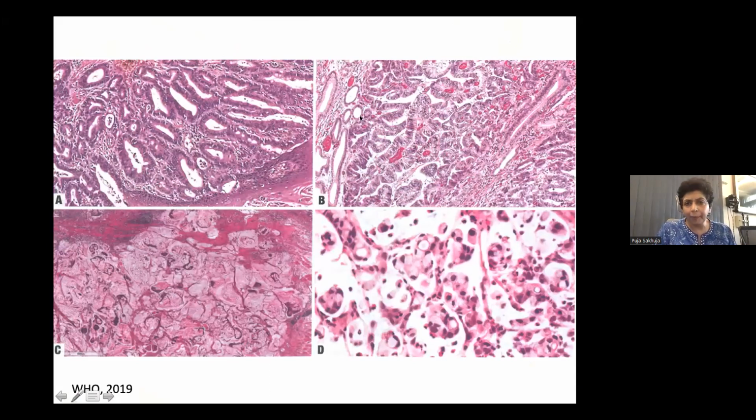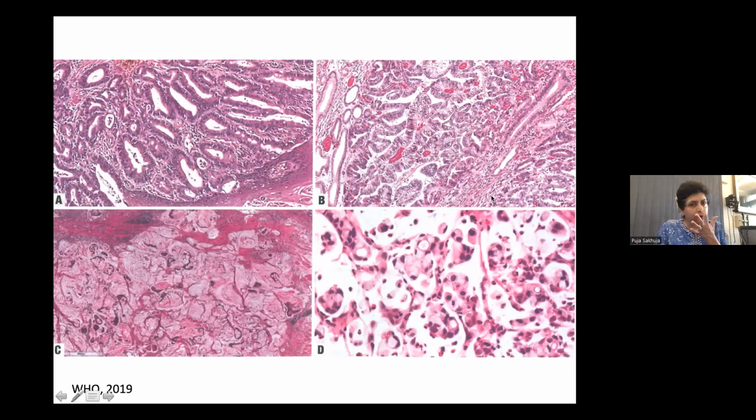It can have a papillary type. It can have a mucinous type where there are pools of mucin with floating tumor cells within that. It can have a signet ring cell type. So these are the types that you see carcinomas anywhere in the GIT, and these are the types that can be seen in the esophagus as well.